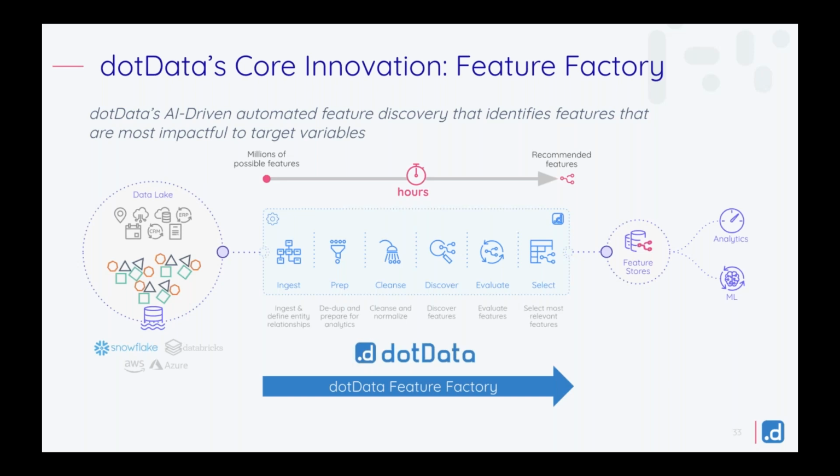And our technology stack is very versatile. We can work with different kinds of infrastructure. Essentially, it is a Python library that can be deployed into any kind of data science workflow that you currently have. So these features can be directly put into machine learning models. They can be stored as feature assets in feature stores, if you are currently using feature stores.